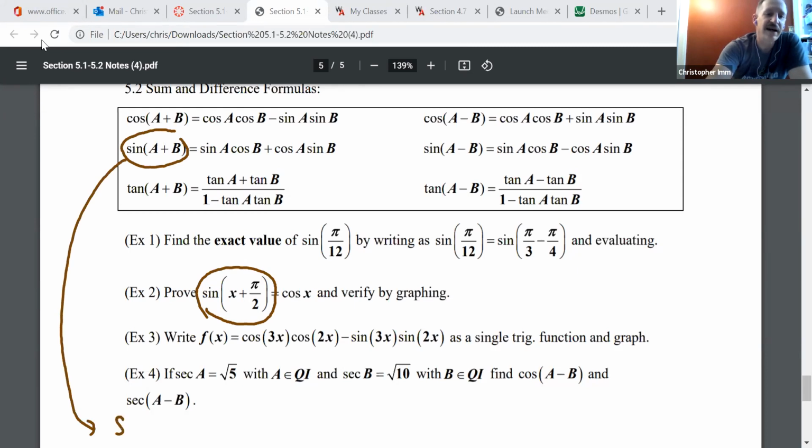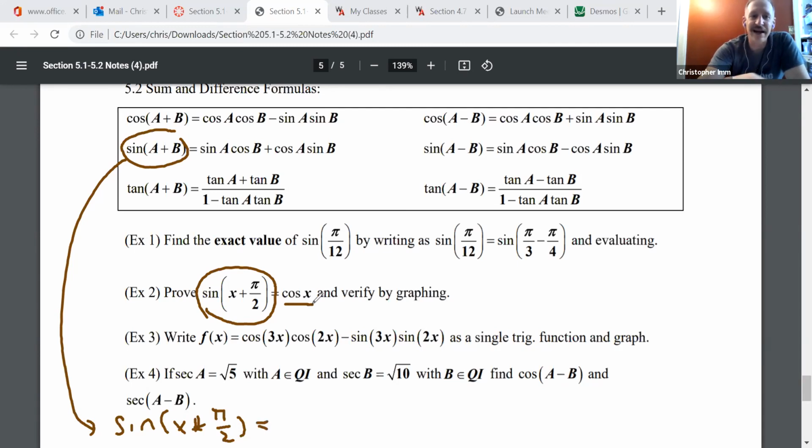We're going to do sine of x plus pi over 2. So we start with our left-hand side. Maybe when you're proving an identity like this, you wouldn't know where to start. Cosine of x, that's about as simple as you can get. But now, since we have formulas for sums of angles, we can use that to expand sine.